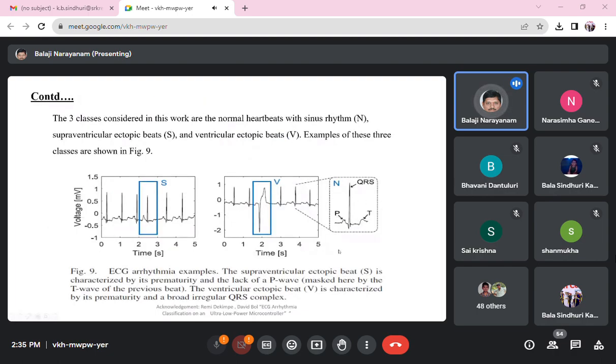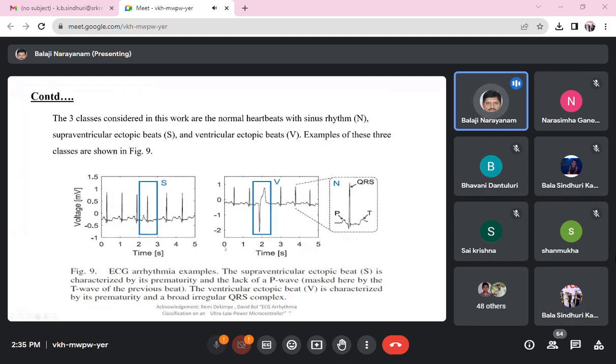This is a QRS complex, and you have the supraventricular beat, which is S, characterized by its prematurity and the lack of a P wave, which is masked. The ventricular beat is characterized by prematurity and a broad irregular QRS complex. You can observe the plot of voltage, indicated on the y-axis as millivolts amplitude of this ECG signal, and time in seconds on the x-axis.